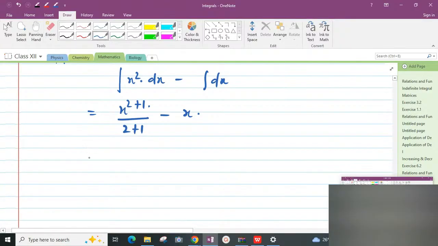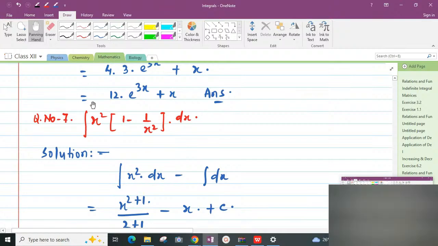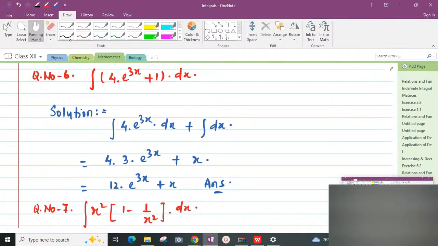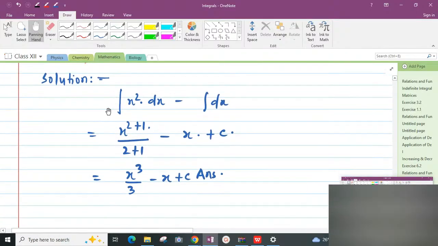So we write down equal to x to the power 3 by 3 minus x, and we write down the arbitrary constant c, so here plus c. This is the answer. For question number 6, we also write down the arbitrary constant c. There is no problem to understand the solution of this.